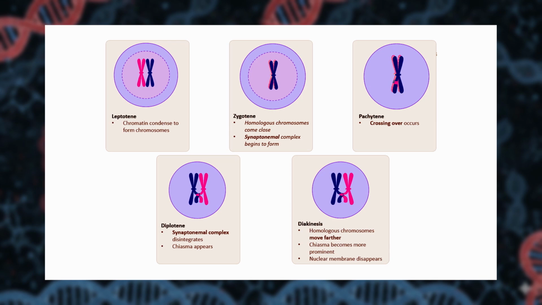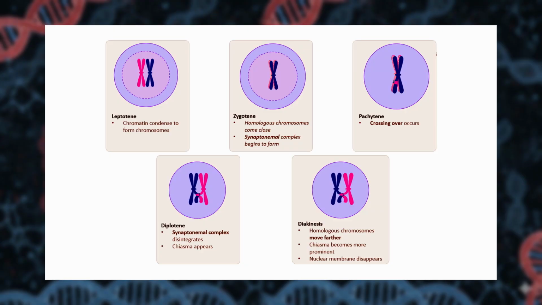Leptotene: chromosomes condense into thin thread-like structures. Zygotene: homologous chromosomes undergo synapsis, pairing with each other via the synaptonemal complex. Pachytene: crossing over occurs at points called chiasmata. Enzymes such as SPO11 create double-strand breaks.